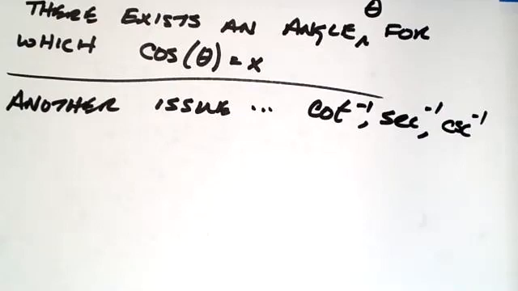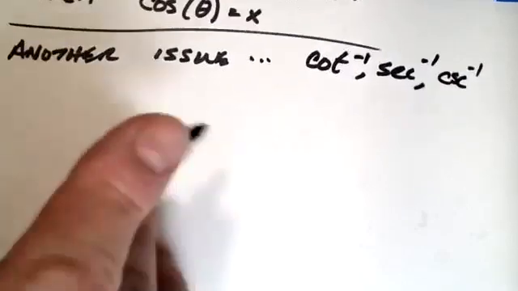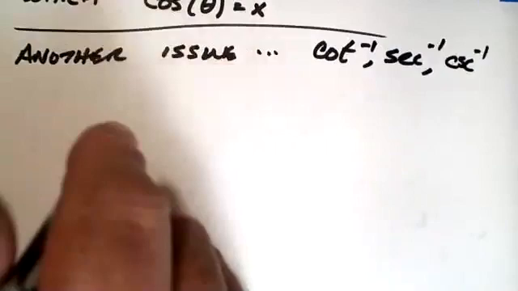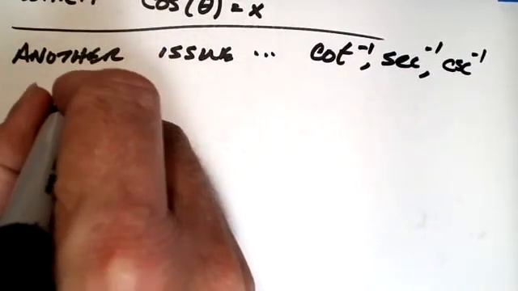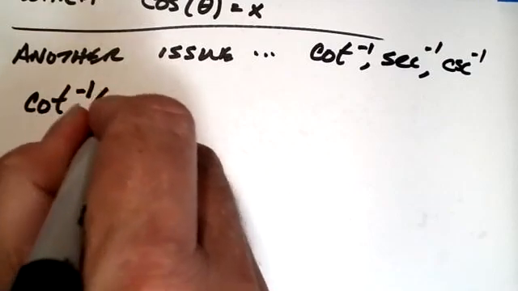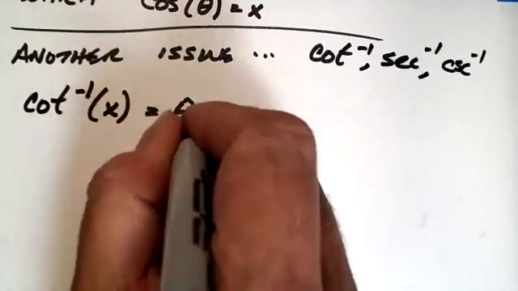There is one and only one identity that we will talk about in this entire semester that involves inverse trig functions. Let's take cotangent, for example. Inverse cotangent of x equals theta.